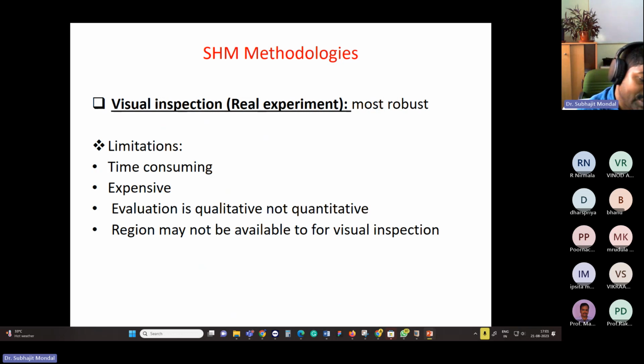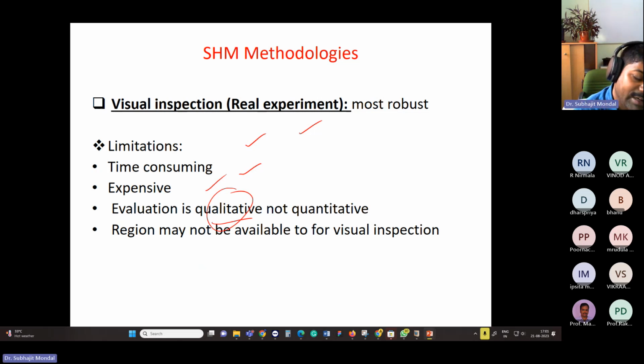For example, if you consider structural health monitoring using visual inspection, you will observe that we can go for it, but it is very time consuming and expensive. In this method, we can only have a qualitative result, that yes, there is some damage, but we cannot quantify the amount of damage.